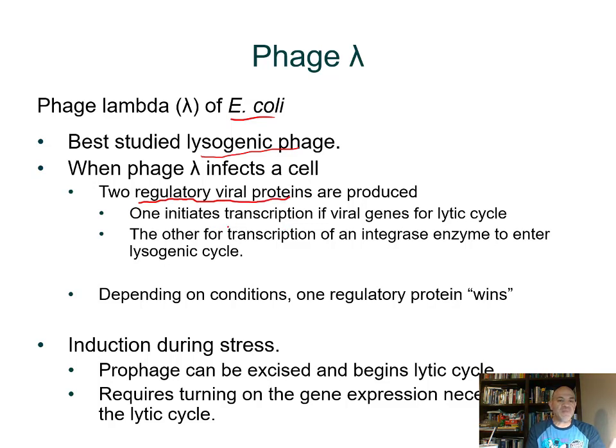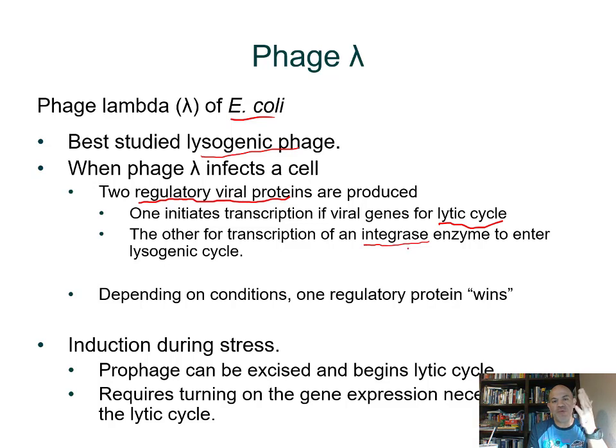There are two kinds. One of them is a regulatory protein that initiates transcription of the viral genes that are going to get the lytic cycle to start. So you start cranking out virions and killing the bacteria cells. The other regulatory protein is one that's going to be involved in stopping the lytic cycle, and also producing an enzyme called integrase. Integrase is an enzyme that allows the viral DNA to be integrated into the bacterial chromosome, and then you get into the lysogenic cycle.